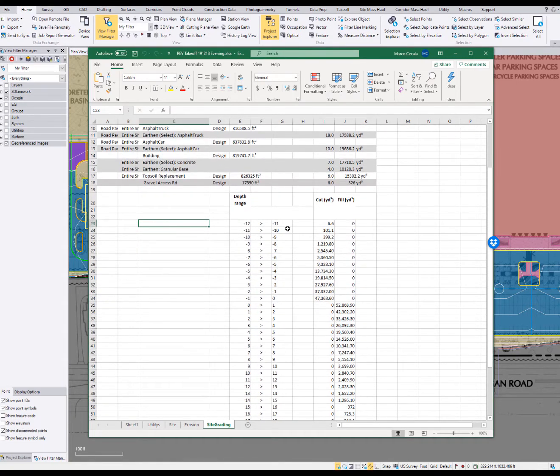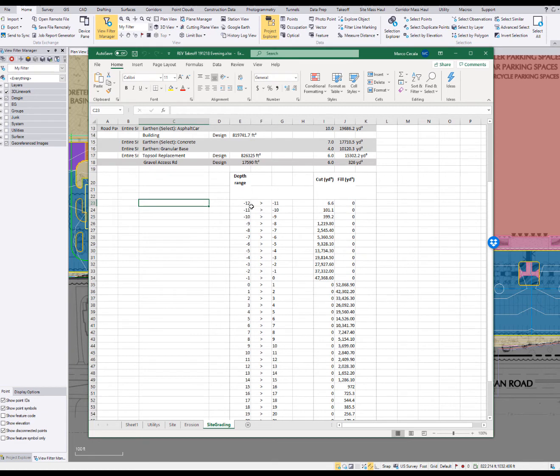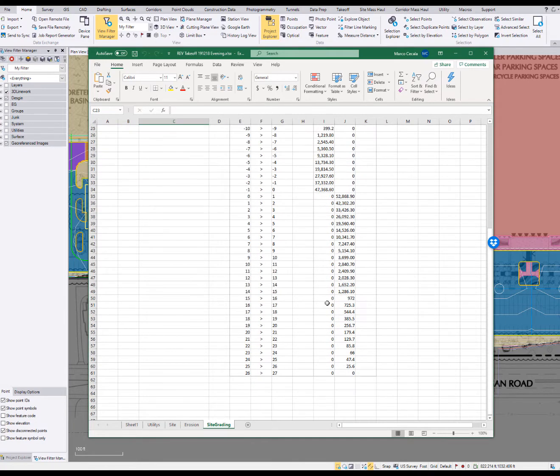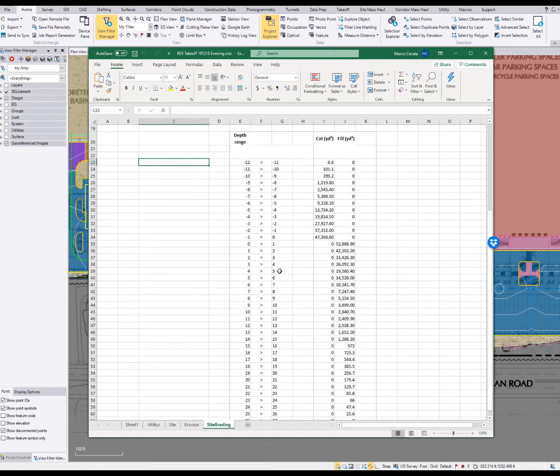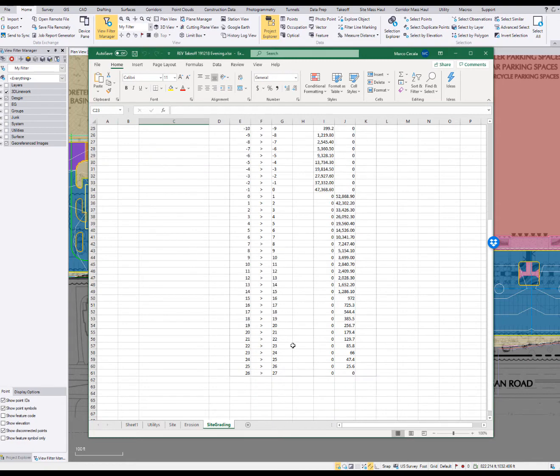And this is kind of a quick, it's not really a mass haul, but it's how much cut depth or fill depth equals how many yards. So you'll see the numbers get smaller as they go away. 9 to 10 feet of cut is only 400 yards, but this gives me an idea to see what this thing is like. And obviously there's a lot more fill than there is cut as far as areas are concerned.